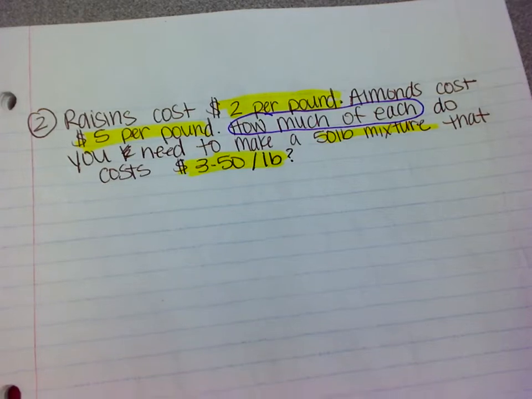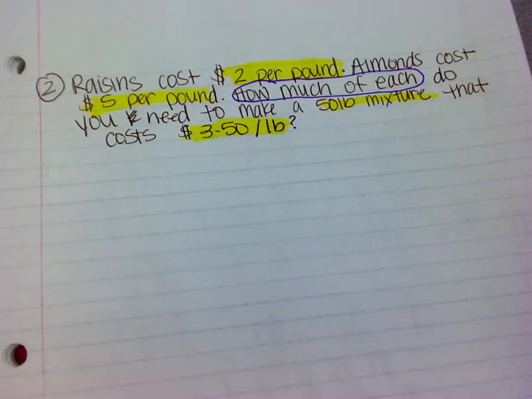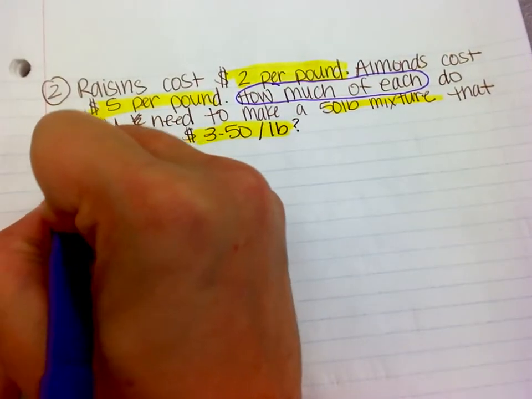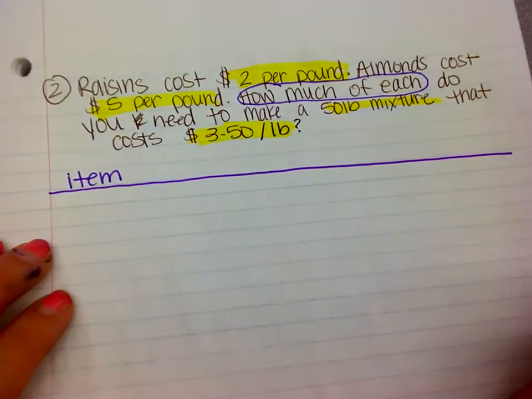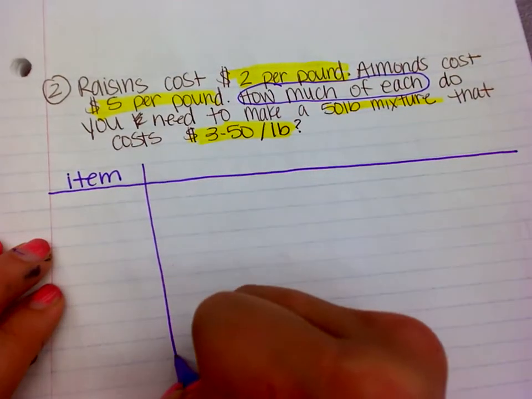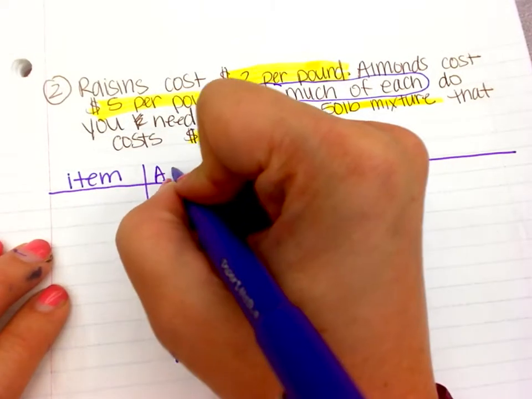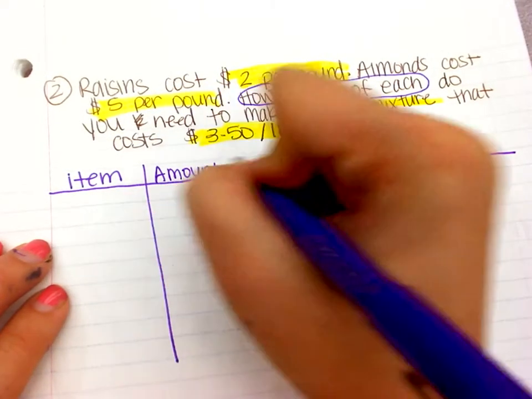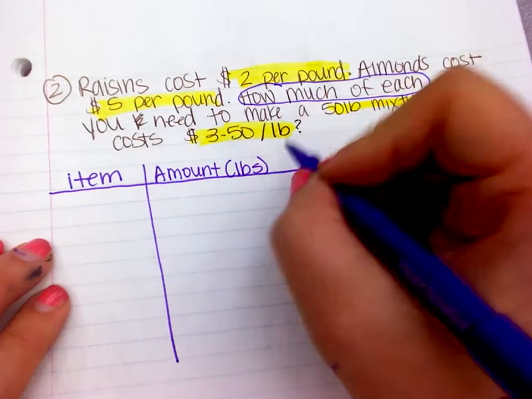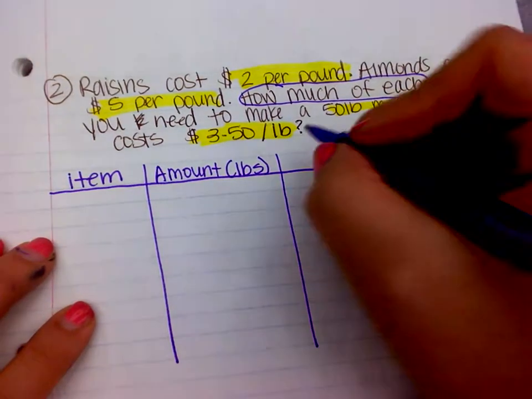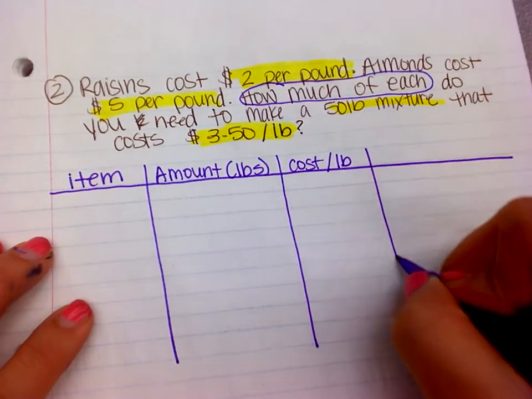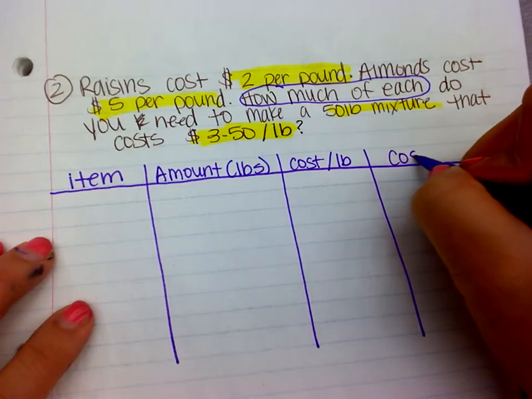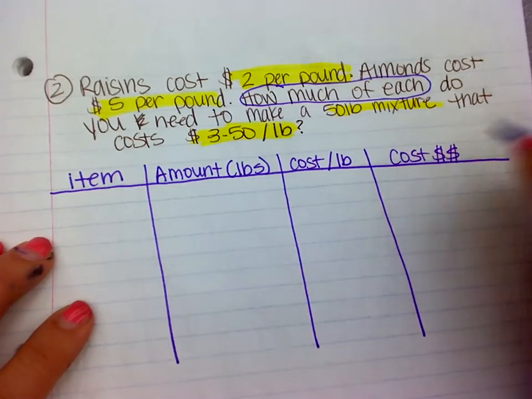Step 2, we're going to make a chart. Our chart's going to look exactly like the chart I just made, okay? So go ahead and draw your chart. We have item, we have amount in pounds, we have the cost per pound, and we have the total cost, okay?